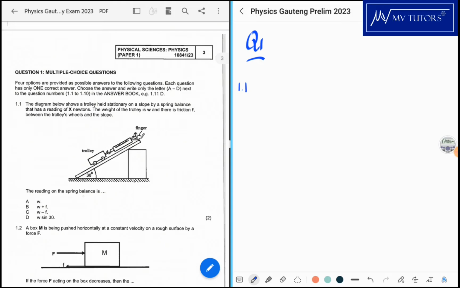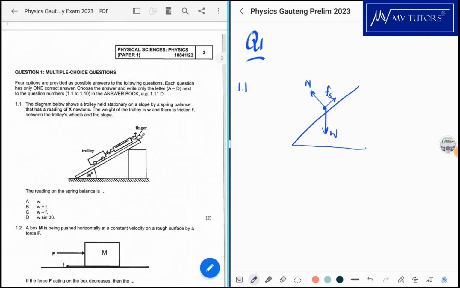Now the reading on the spring balance is... so let's just have a look at our trolley. They told us that the weight is W, and we know that's our normal force. We have the force of friction. I'm just going to say F. Actually Fs, because it's stationary, static friction.